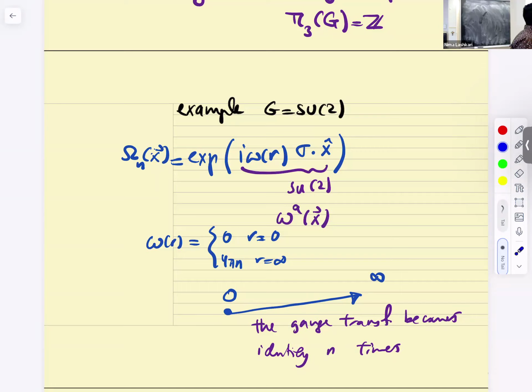I'll explain that. The multi-valuedness of the omega gauge transformation has to do with instantons.